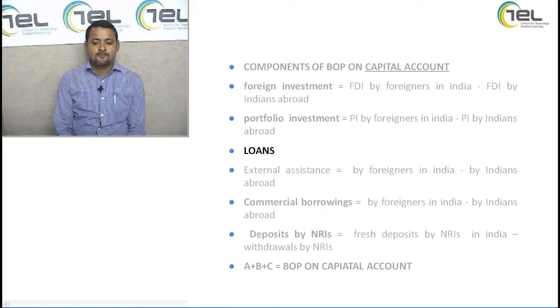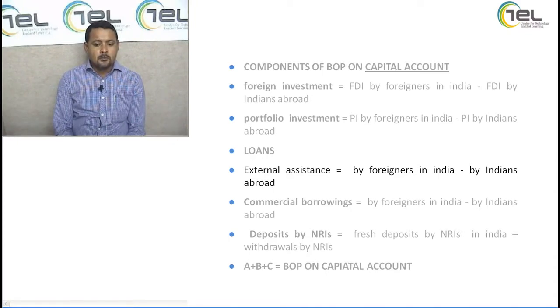Loans, the next point. It comes in the form of external assistance, commercial borrowings, and deposits by NRIs. So three things constitute loans. External assistance can be regarded as that given by the foreigners in India minus Indians abroad.